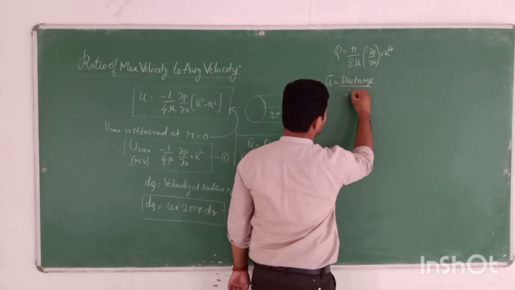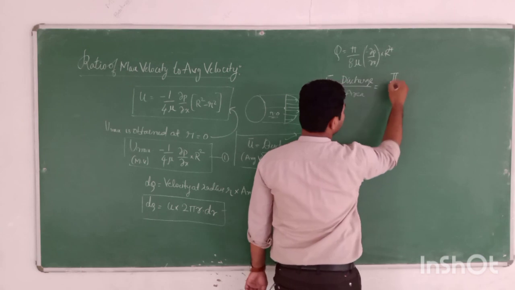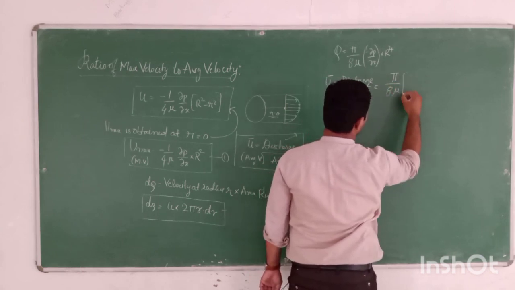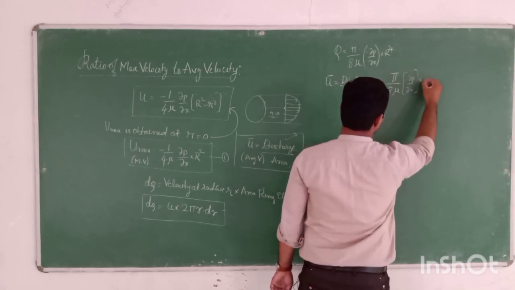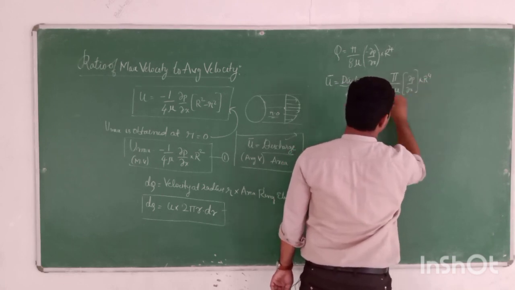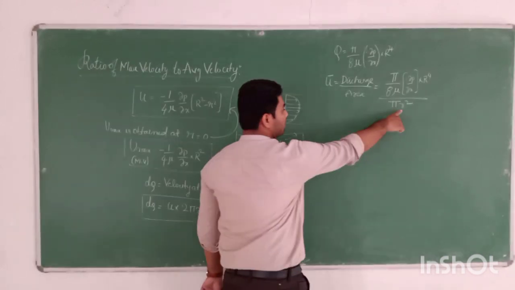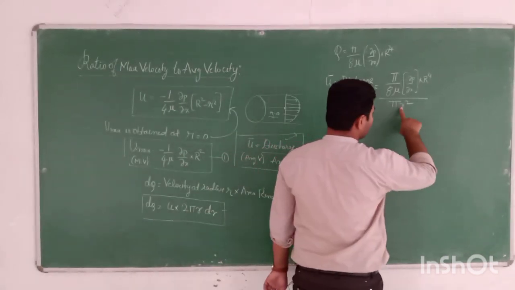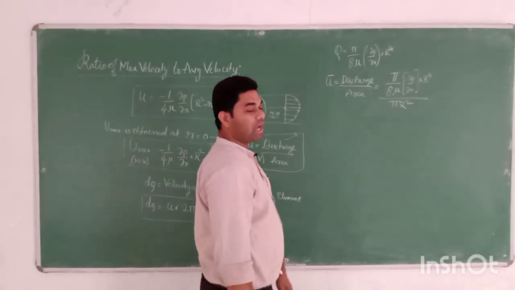Substituting the values: pi by 8 mu into minus dP by dx into r to the power of 4 by pi r squared. Pi r squared is the area of the circular pipe.